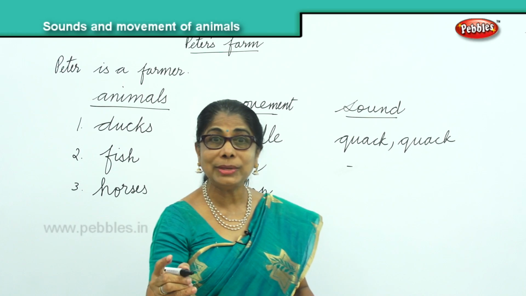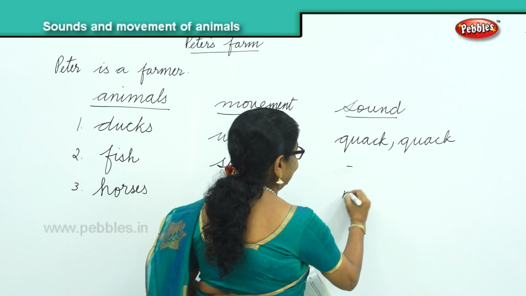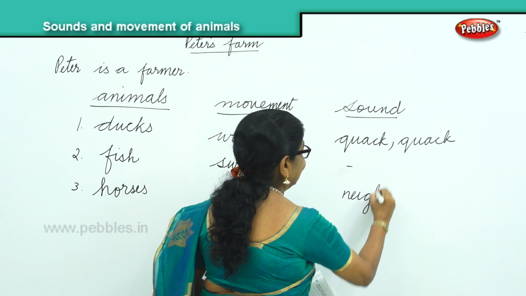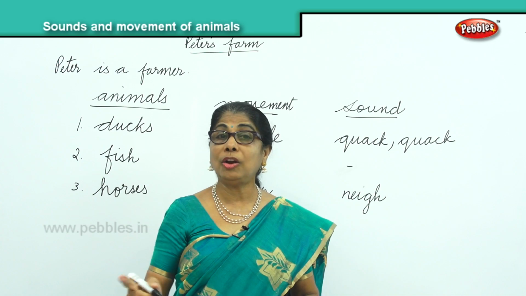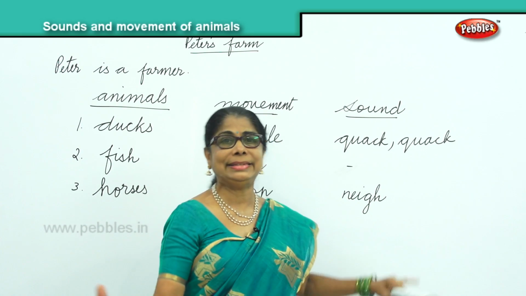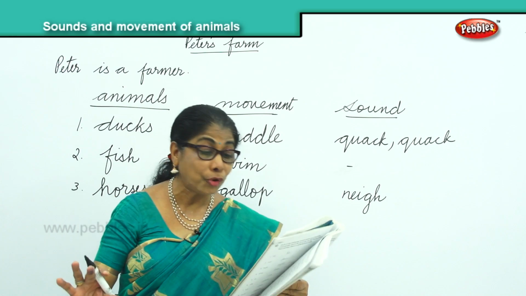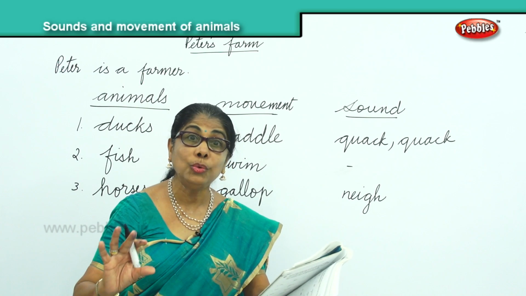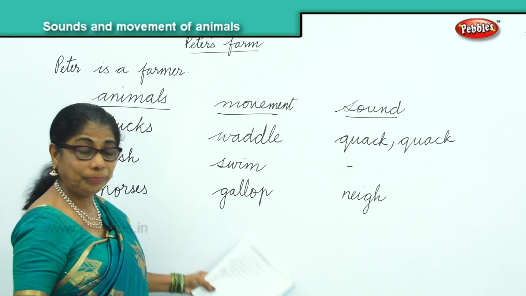And then what do they say? The horses neigh. If you say one horse, the horse neighs. Okay. Now, in the stable, Peter has 4 horses who neigh as they gallop about.